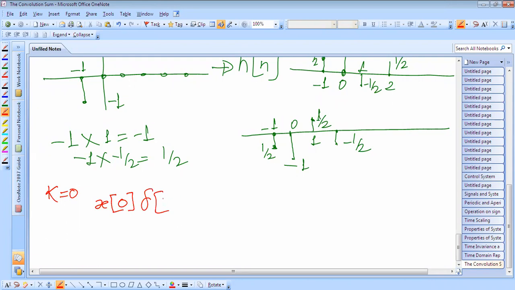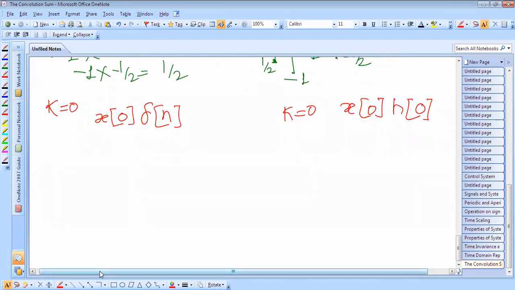So k is 0 here, so this is delta of n. Similarly on this side, for k is equal to 0, x of 0, and the impulse response is h of n minus 0, so it is h of 0. Okay, so now we'll draw the signal for this.